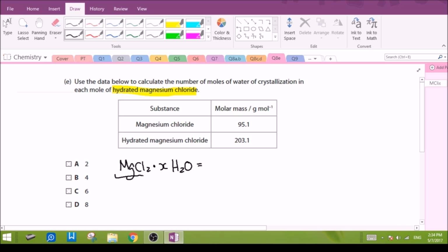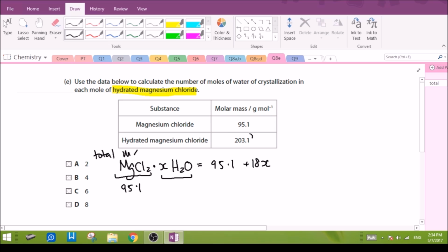Mr for magnesium chloride, they have given us 95.1. The Mr for the water molecules will be the number of water molecules, which is X, multiplied by water, 1 times 2 plus 16, so 18X. This is for the MgCl2, and this is for the water molecules. This is the total Mr of the hydrated.